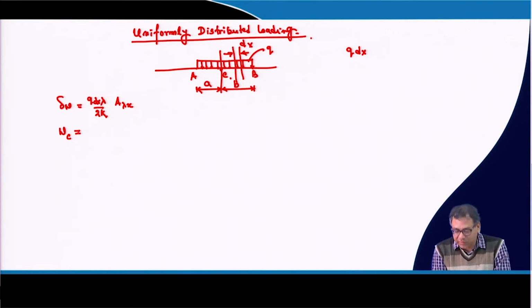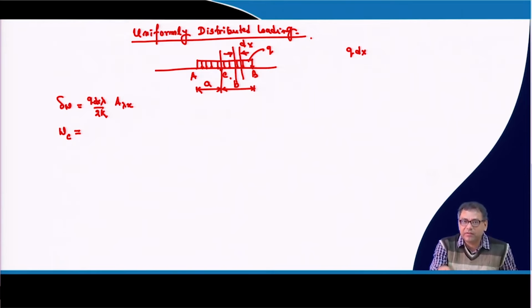There are two regions, one from 0 to B, another from 0 to A, and as I mentioned, for deflection it does not matter whether it is the left side or the right side; we have to add them all, as there are n number of concentrated loads.